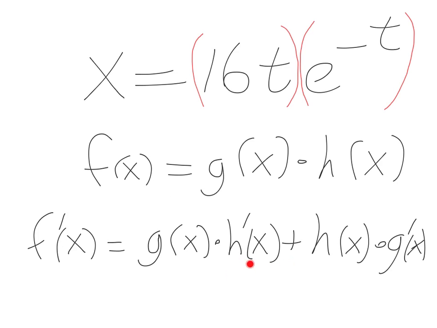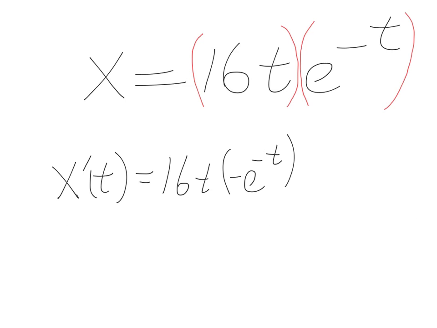I now know that this derivative here is minus e to the minus t, and then I have my first equation, which is just 16t, and that's going to be unchanged. So I'll have 16t times minus e to the minus t, and then I have to finish my product rule. The last part of the product rule is the second equation unchanged times the derivative of the first equation. The derivative of 16t is just 16.